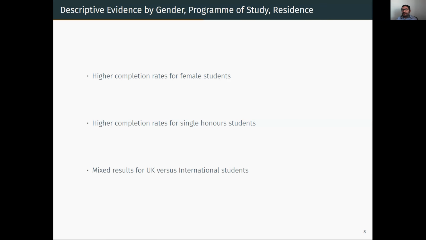In terms of completion rate of the online tests, more female students are completing them than male students, and single honors students are completing more than joint honors students. Single honors is BSc Economics basically, and we're finding mixed results for UK versus international students.